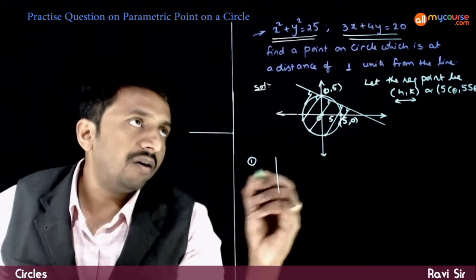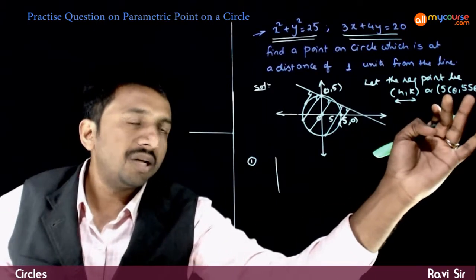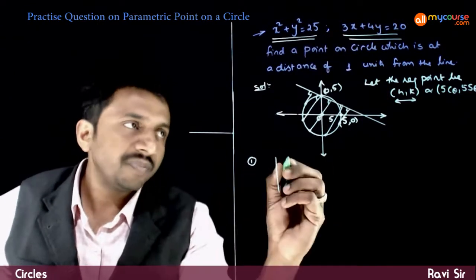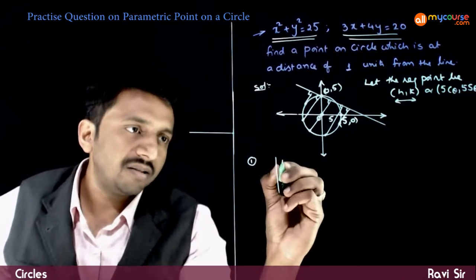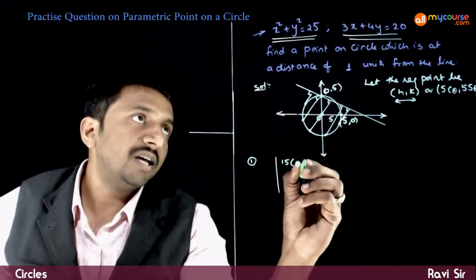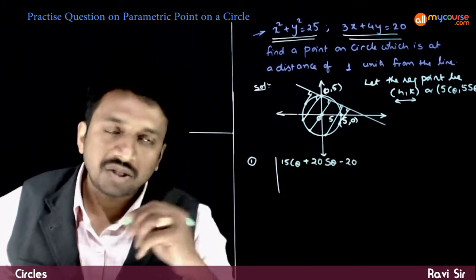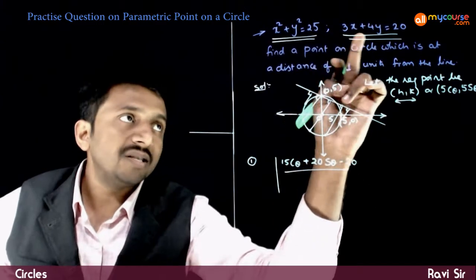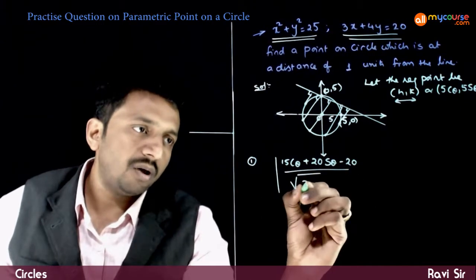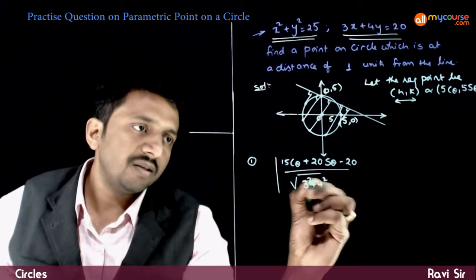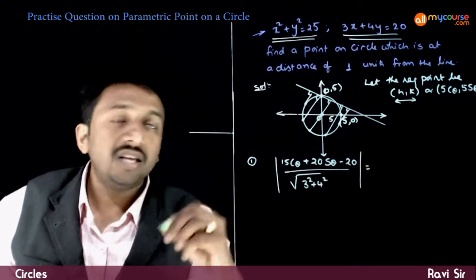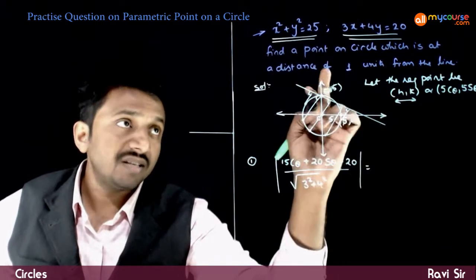So modulus of, you just need to substitute x and y in the place of x and y. So 3 times 5 cos theta, 15 cos theta plus 20 sin theta minus 20 by root of a square plus b square, by root of 3 square plus 4 square, is equal to, the distance has to be equal to 1.